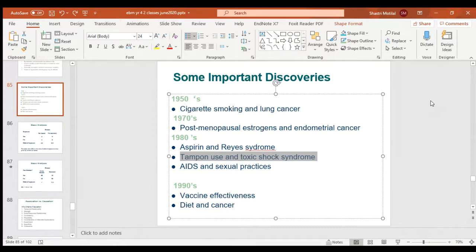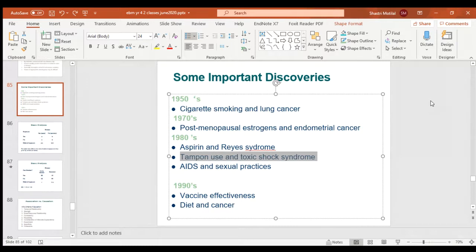And because of that, they were able to trace a particular brand and a particular manufacturer that had just started manufacturing tampons, and the material they were using was harboring the staphylococcal organism, which was resulting in toxic shock syndrome and killing these women. So thanks to a case control study and outbreak investigation, they were able to pinpoint who the manufacturer was and shut them down.